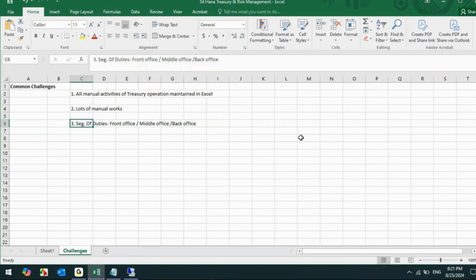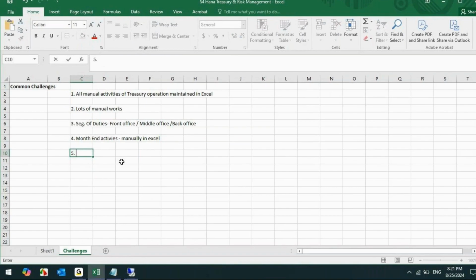And many other month-end activities. Now we come to the month-end activities. Many month-end activities are performed manually in Excel. Many reportings, I mean almost all the reportings, are maintained in Excel.